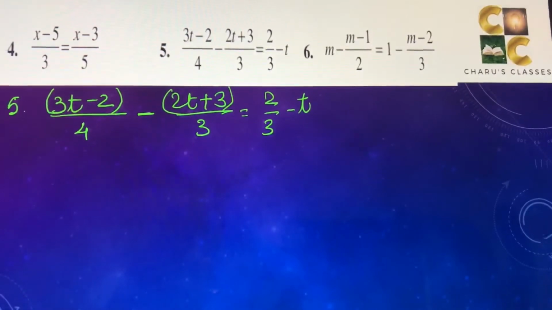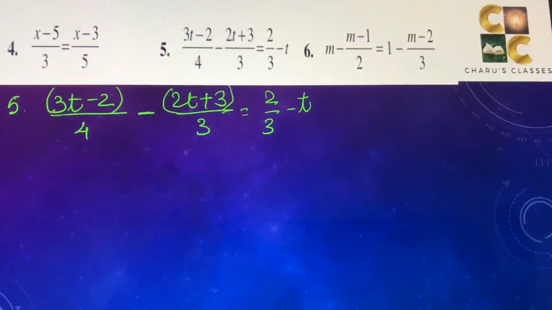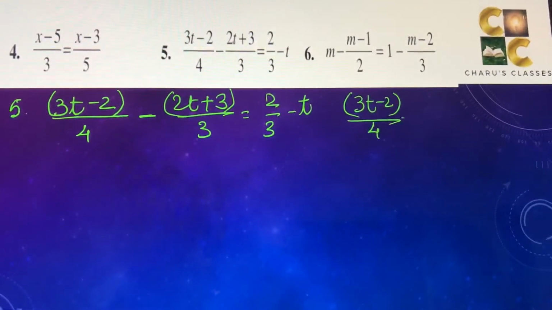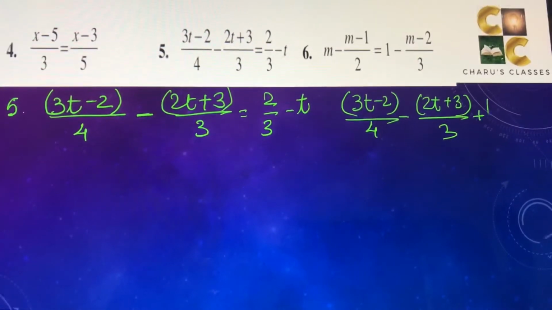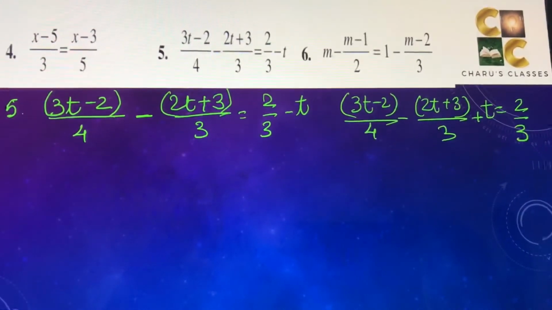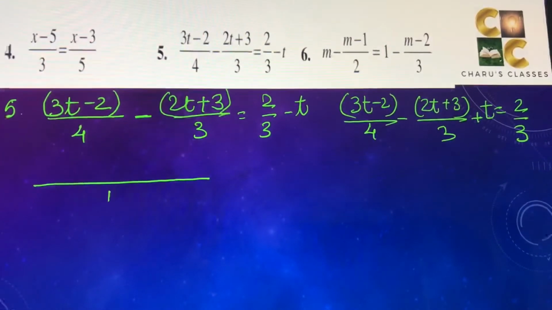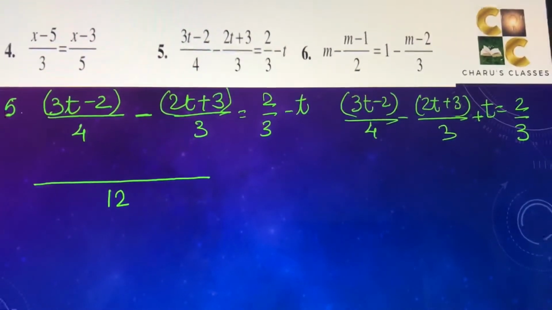Now we'll take the t terms together, which will bring us to (3t minus 2)/4 minus (2t plus 3)/3 plus t is equal to 2/3. We'll take the LCM of denominators on the left hand side, which will give us 12.